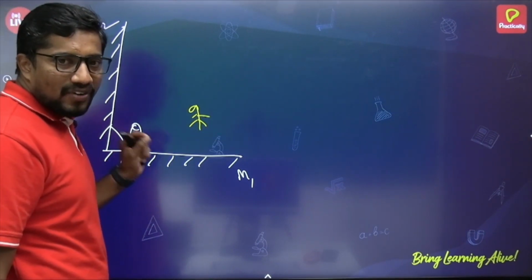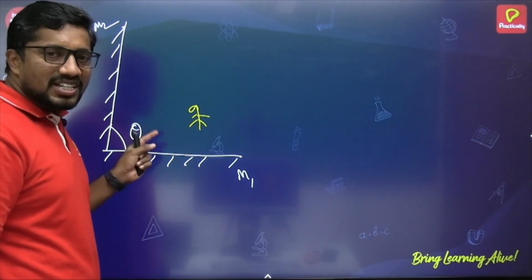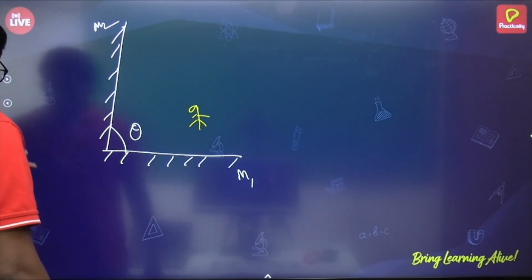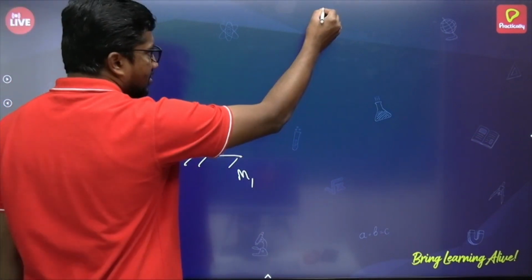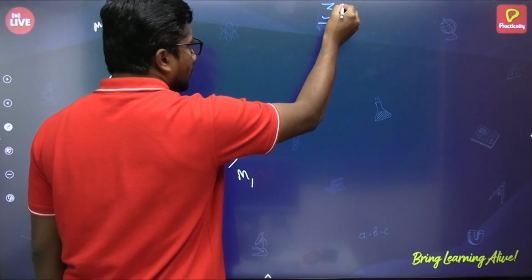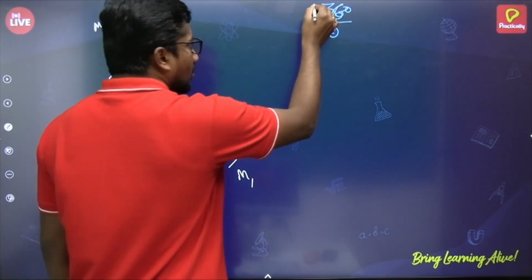Due to multiple reflections, multiple images are going to be formed. How many images? To calculate this, there is a procedure: first we have to calculate the 360 by theta value.